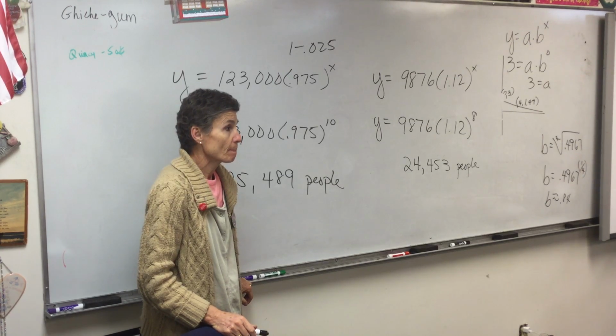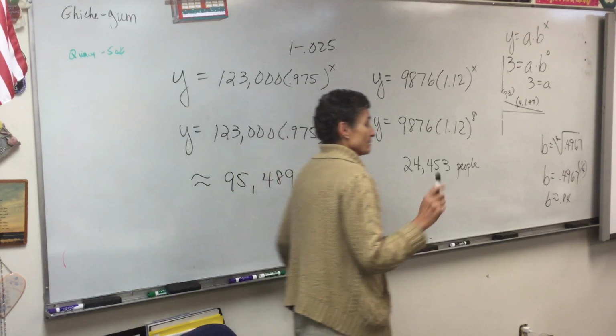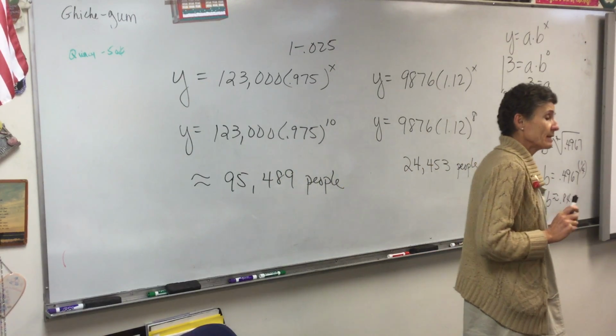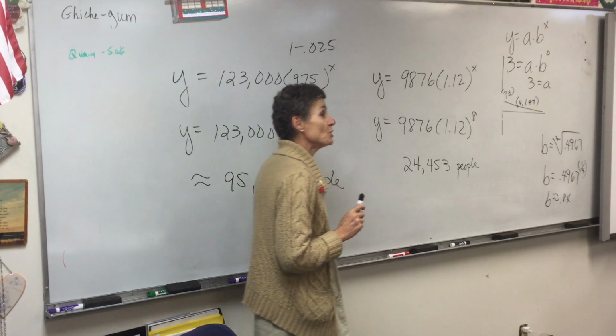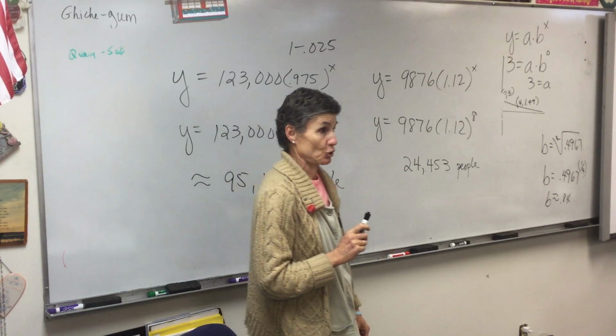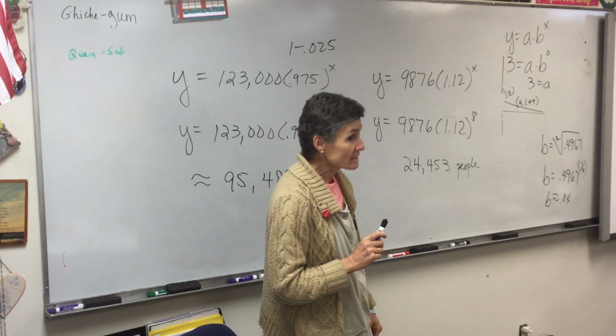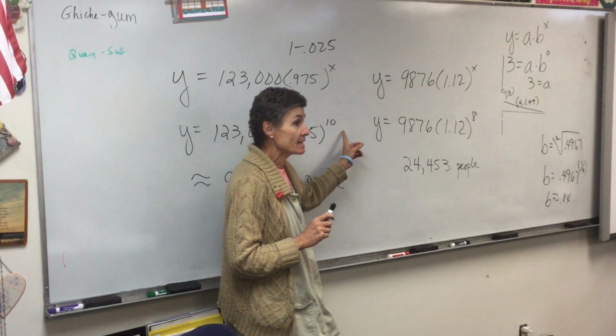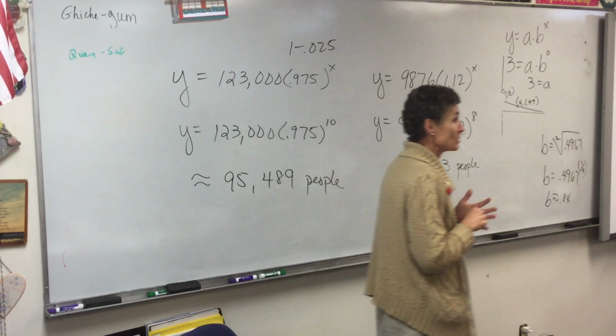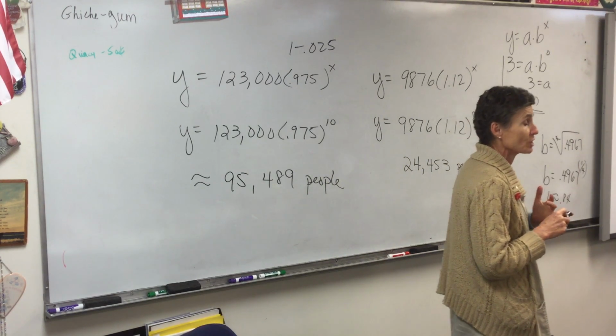Is that okay? All right, now listen. I'm going to give you a problem to do. You're going to bring it up and show me, and then you can go to lunch. When you come back from lunch, we're going to have a quiz, and it's going to be one like this, where you have to write your equation and answer the question.